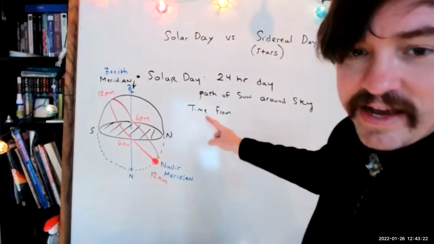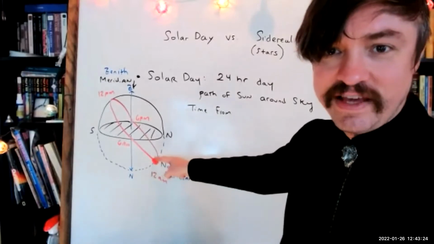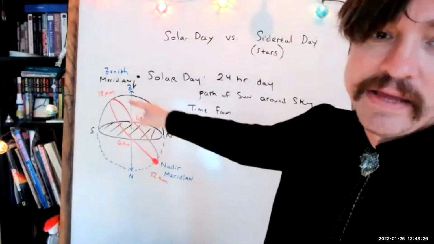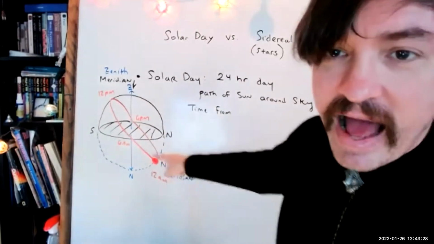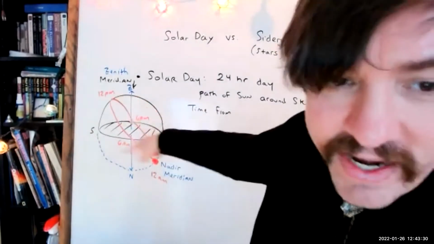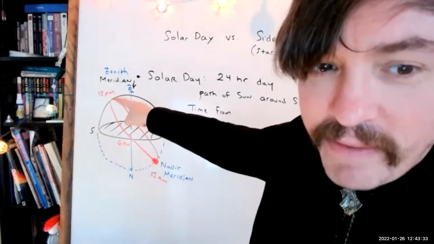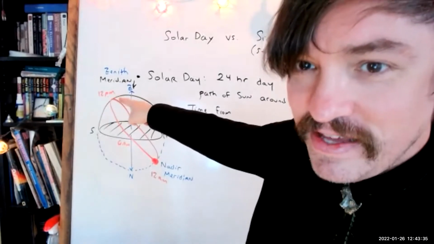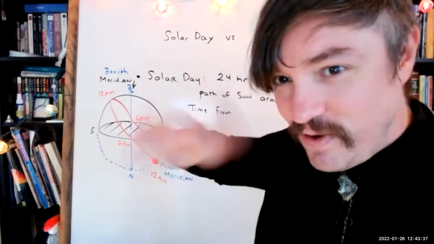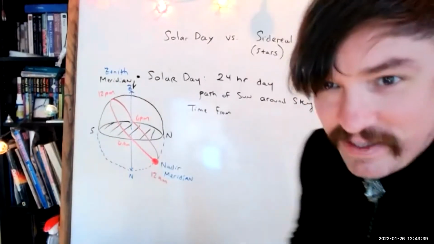Our solar day is the time from the sun crossing the Nadir Meridian back to the Nadir Meridian. I was tempted to say meridian to meridian, but I was thinking that might not be helpful for you guys because that's measuring our day from 12 p.m. to 12 p.m., which is not actually how we do it. Do you see the problem?